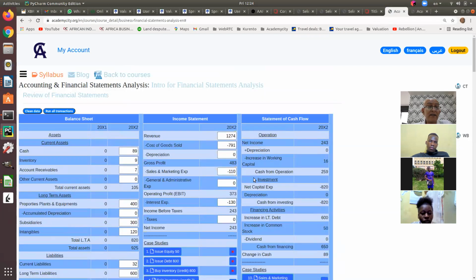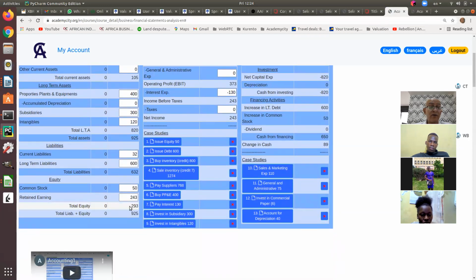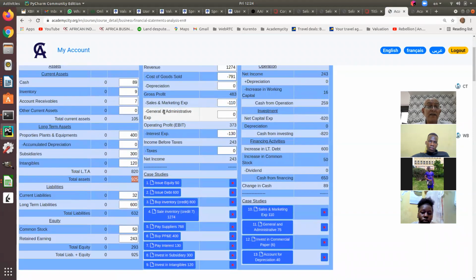When I click here, indeed, my cash goes down by 110, my profit went down by 110, which flows to here. The accounting identity remains: total equity plus liabilities, 925, and total assets, 925. Very simple. So we can say that sales and marketing reduces profit just like the interest did.